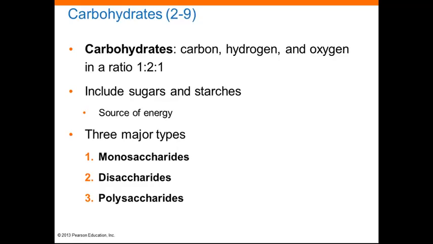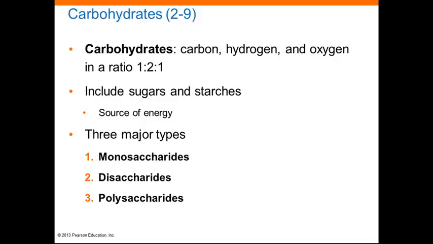The next section in your textbook looks at some of the important organic molecules in your body. We're going to start our discussion of the major organic molecules with carbohydrates. Organic compounds, remember, contain carbon and hydrogen, and are essential to the structure of your body.